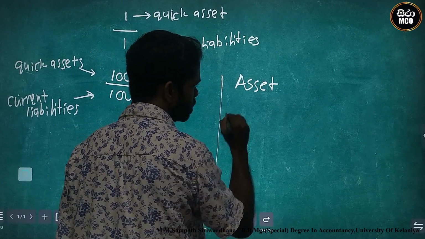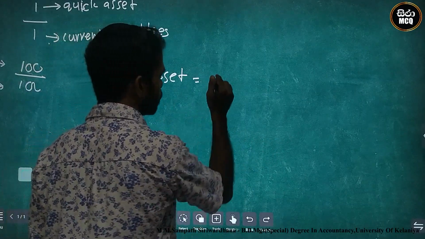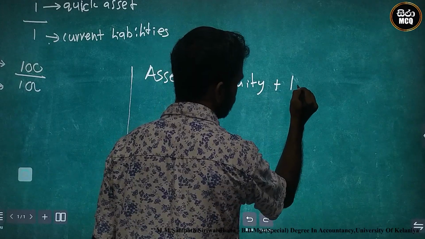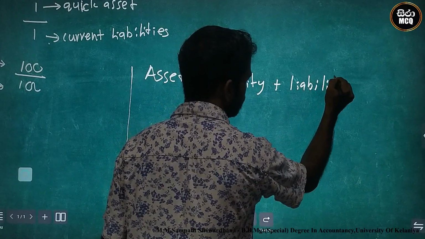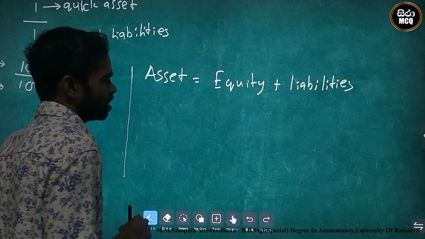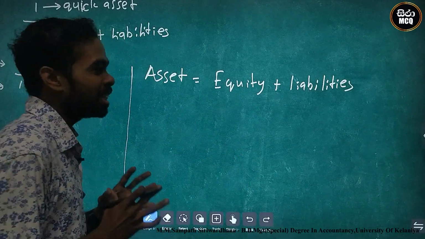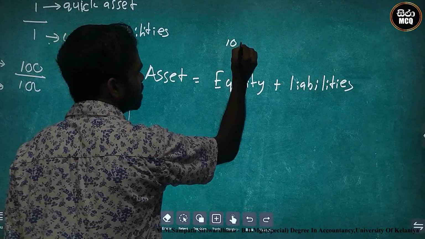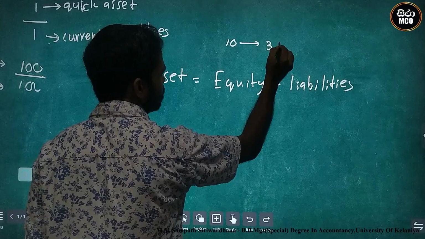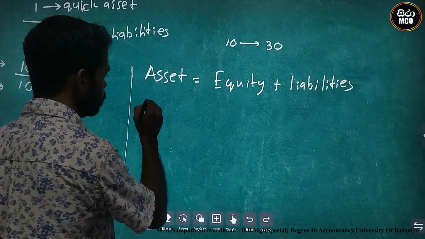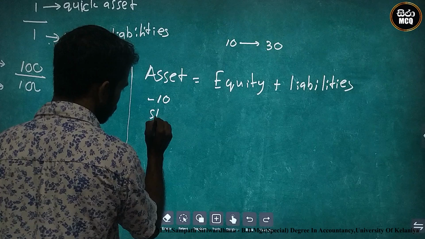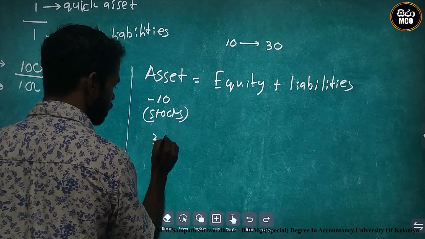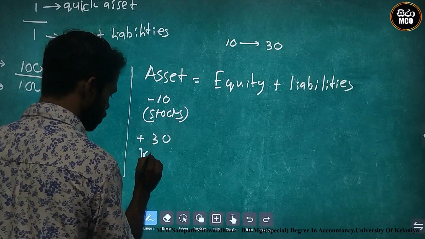I use assets equal to equity plus liabilities. This is a credit sale now. Therefore, cost is 10, selling price is 30. In a credit sale, the cost is deducted from stocks, and the 30 sale is trade receivable.